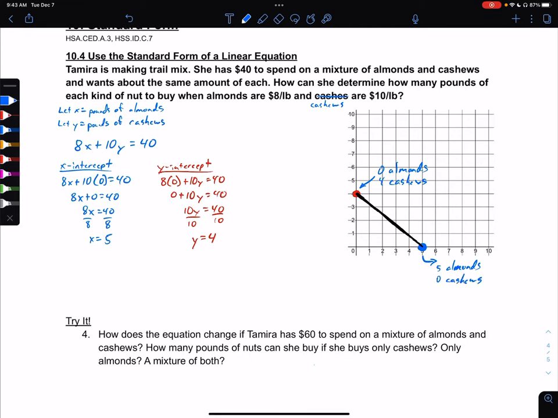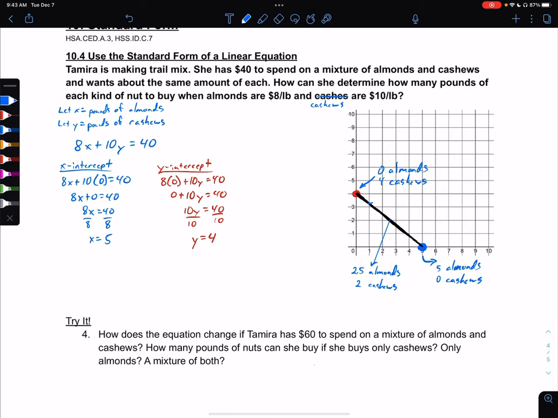And then anywhere along this line are the combinations that she'd be able to buy. So something like, it's tough to see, but this point right here, this would be 2.5 pounds of almonds, so that's going to be on the X value, and 2 pounds of cashews. And you could do that for any point along that line.